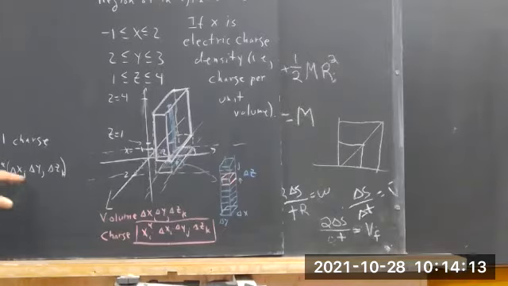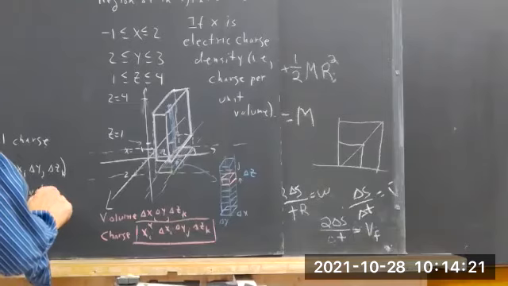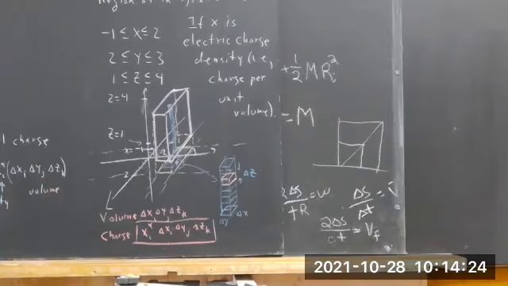This is density times volume. And then in the limit, without going into all the detail, this approaches the triple integral of the density, dx dy dz.